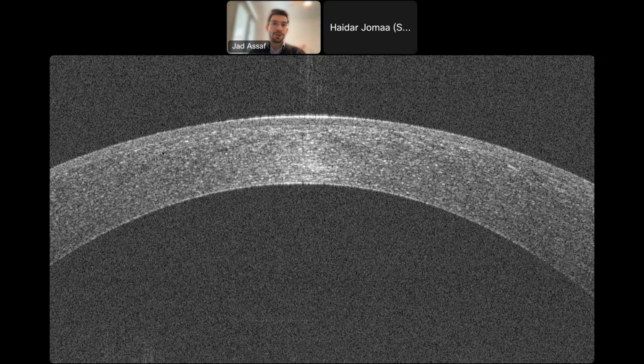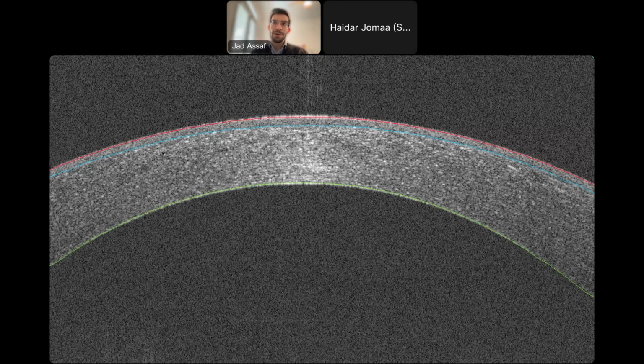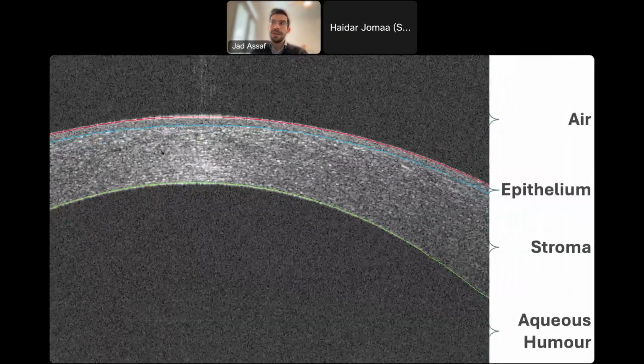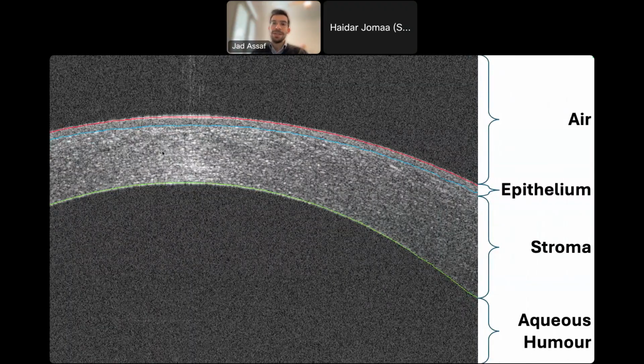And I'm going to show you briefly how we can transform this into a topography. We can notice multiple layers of this cornea. And using some form of AI or segmentation algorithm, in this case, I'm using an nnU-Net to segment this cornea. We can segment it into multiple layers: the air, the epithelium, the stroma, and the aqueous humor.